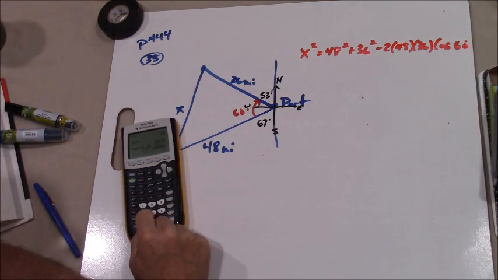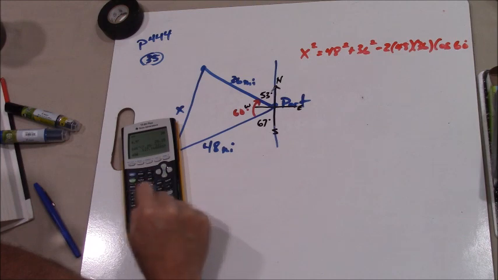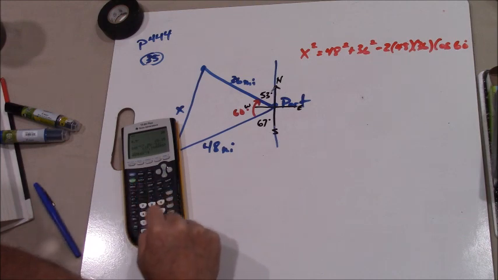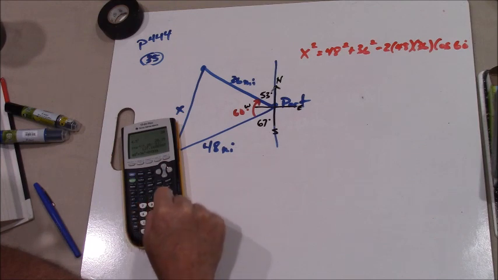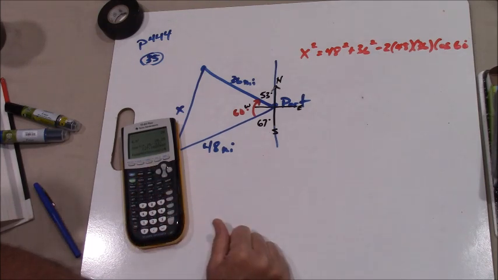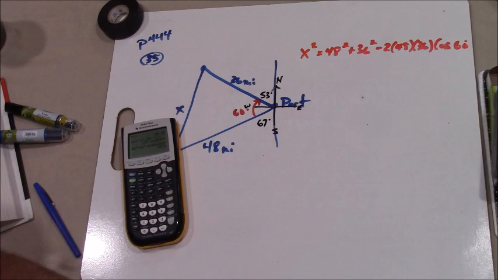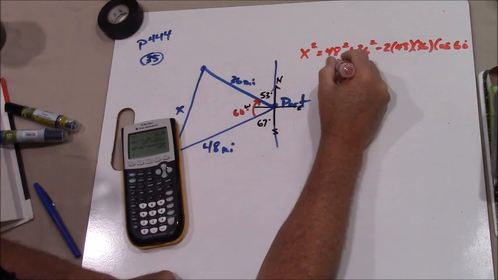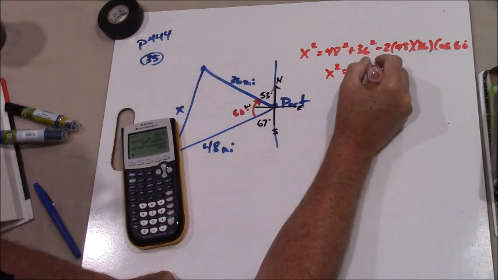So 48 squared plus 36 squared minus 2 times 48 times 36 times the cosine of 60. And I'm still in degree mode. So I got x squared equals 1872.